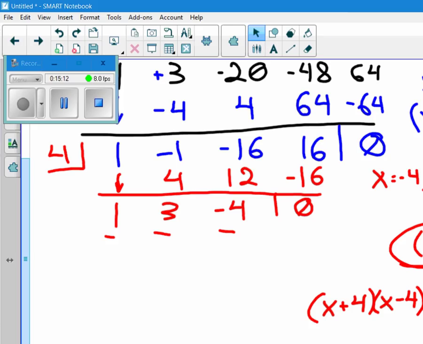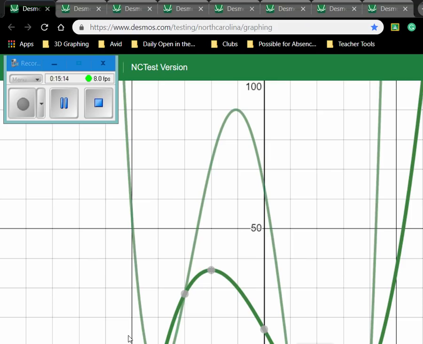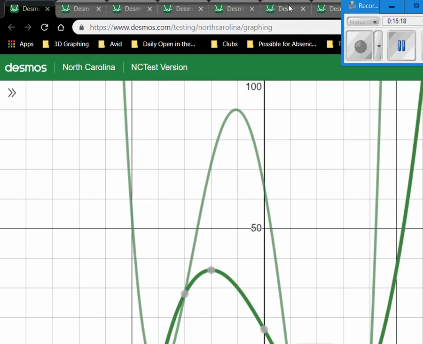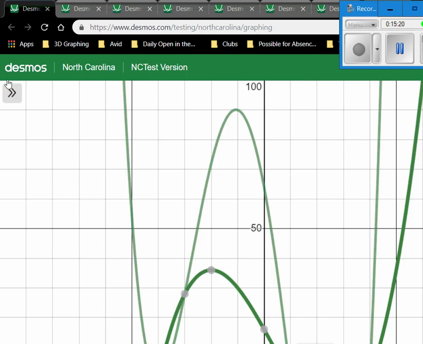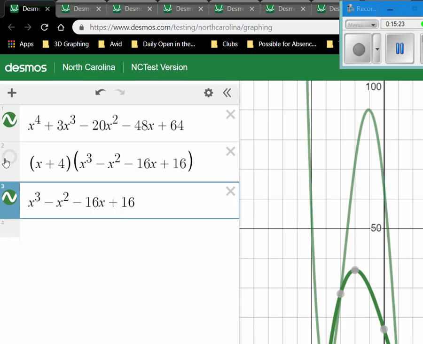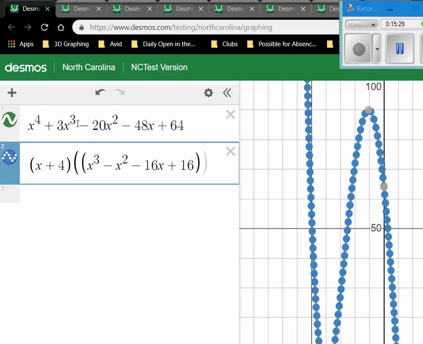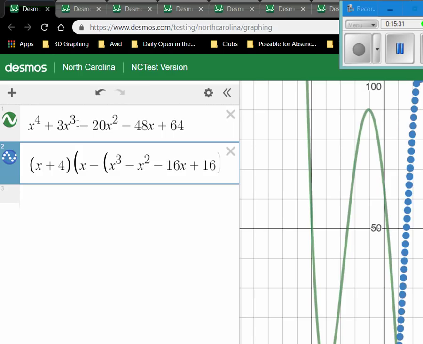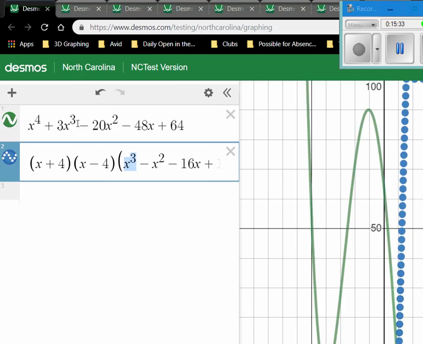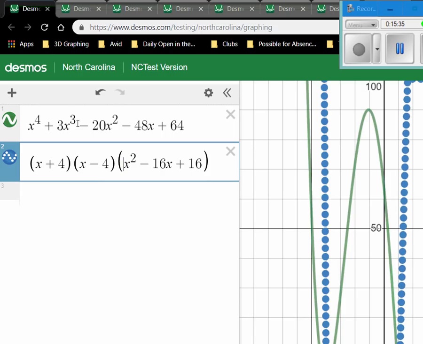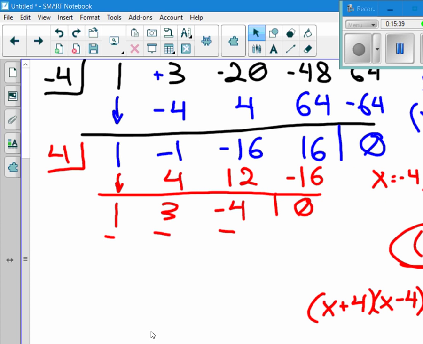I go back to this graph. I'm going to go back to the two originals, so I can actually clear this one out, and rewrite it. Let's see. What was the rest of it? Plus 3x minus 4.